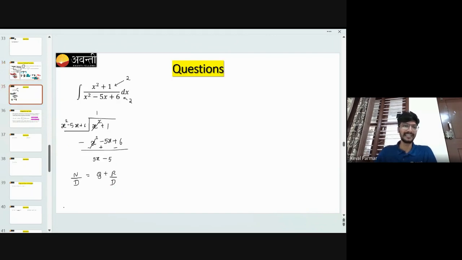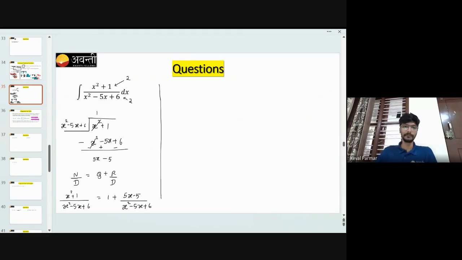So in our case, I can write x square plus 1 upon x square minus 5x plus 6 as quotient 1, this is the quotient, right? So 1 plus remainder 5x minus 5 upon the denominator x square minus 5x plus 6.